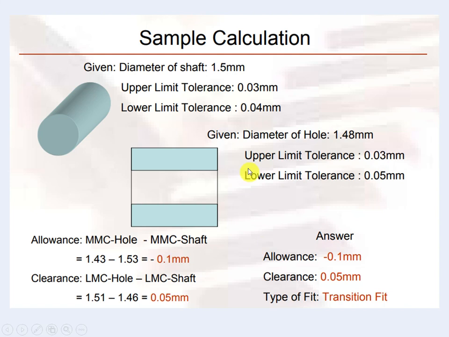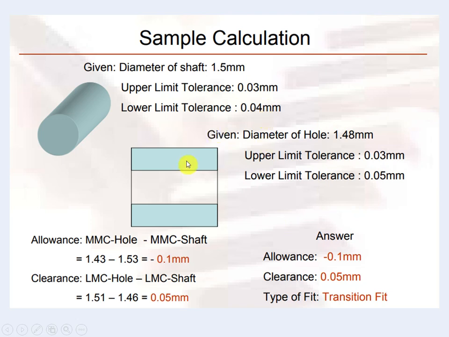It is 0.07. You have 0.03 positive and 0.04 negative. Positive minus negative gives you addition. So you have 0.07 millimeter.